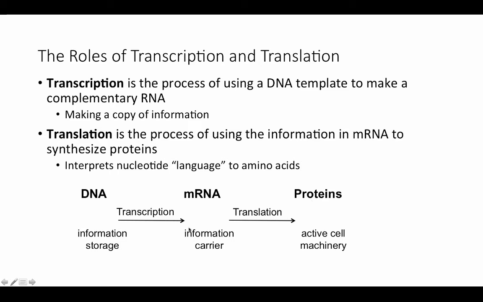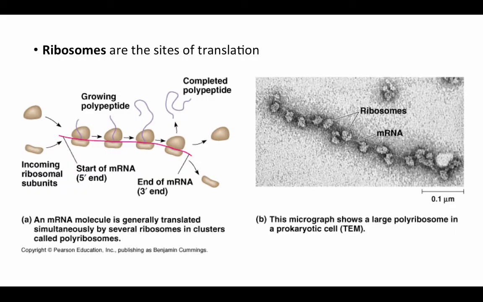And so this information carrier, through the process of translation, is going to create the active cell machinery in the form of proteins. And then, of course, ribosomes are the sites of translation out in the cytoplasm.